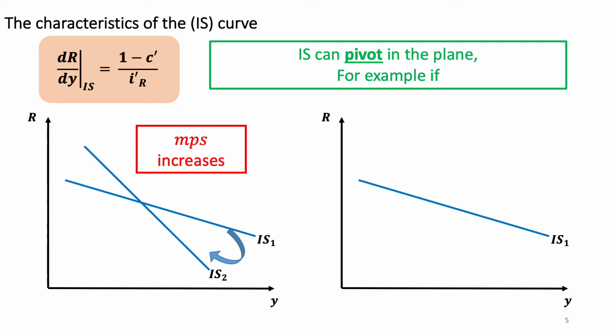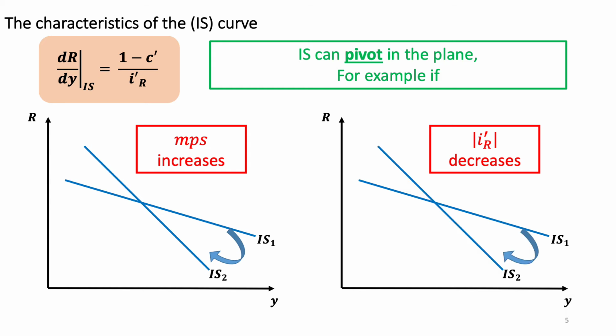Another example, if business owners decided to be less sensitive to the interest rate to make their investment decisions, in other words, if the sensitivity of investment to the interest rate decreases, here again, the coefficient of IS would increase and the curve would pivot to the right to become steeper.